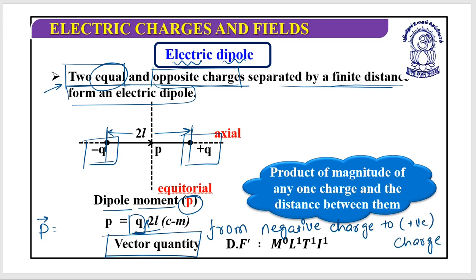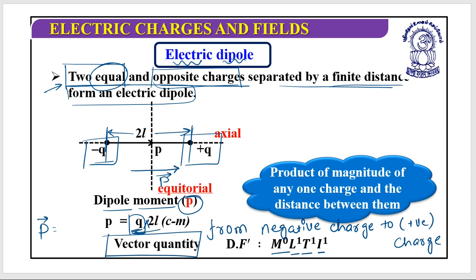So if I want to show the direction, I should write like this. The dimensional formula of the dipole moment is M^0 L^1 T^1 I^1, because I will replace q with I into t. So is it clear?